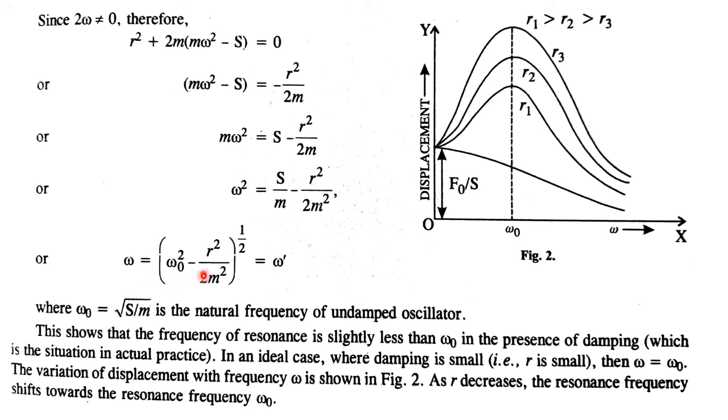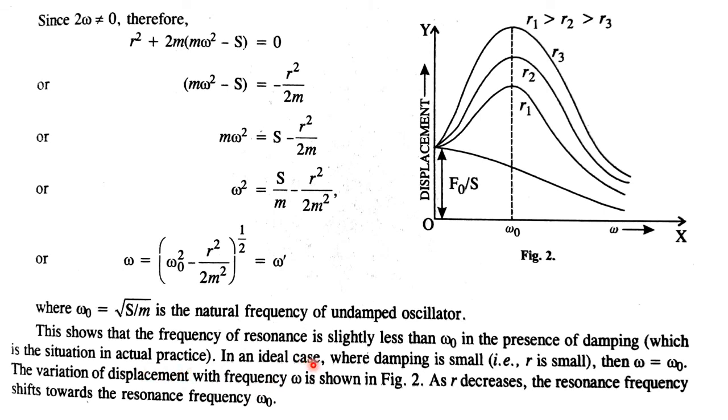This is basically a natural resonance frequency on which our oscillations are produced in the forced oscillator practically. So this shows that the frequency of the resonance is slightly less than the natural frequency in the presence of damping. That damping occurs because of that driving force. This is the situation in actual practice.